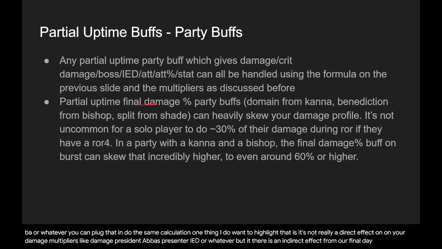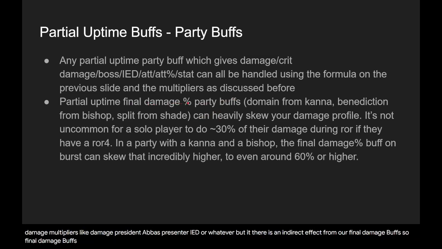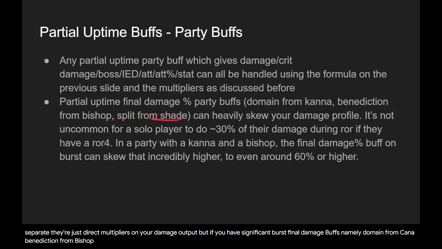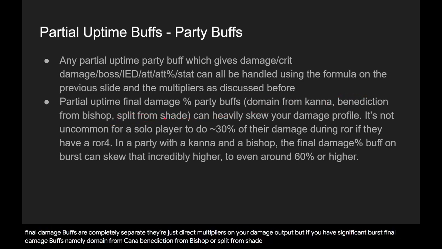final damage buffs. So final damage buffs are completely separate. They're just direct multipliers on your damage output. But if you have significant burst final damage buffs, namely Domain from Kana, Benediction from Bishop, or Split from Shade, these can heavily skew your damage profile.